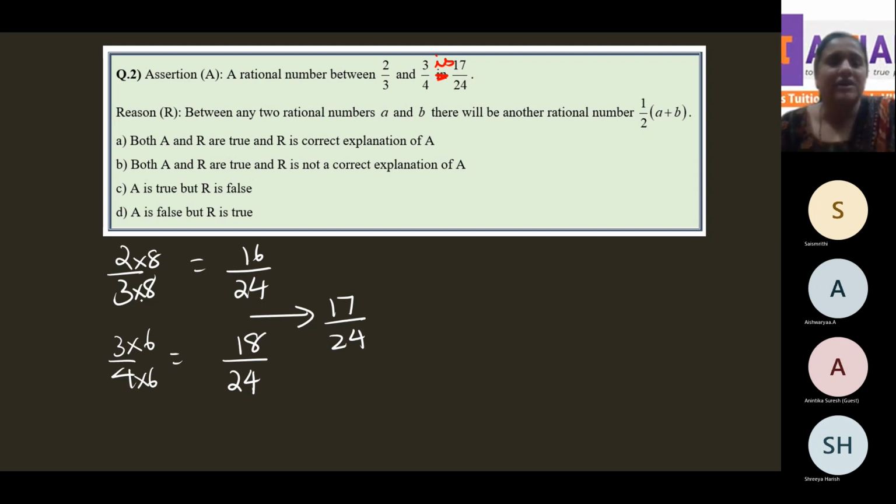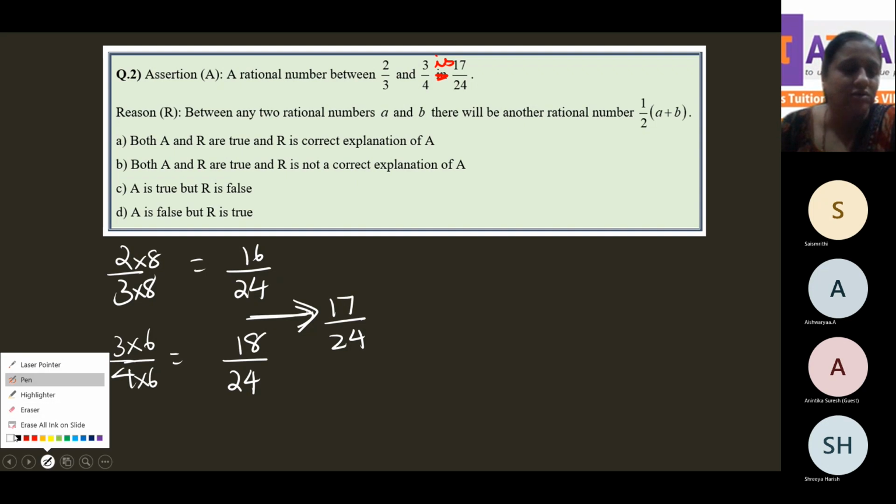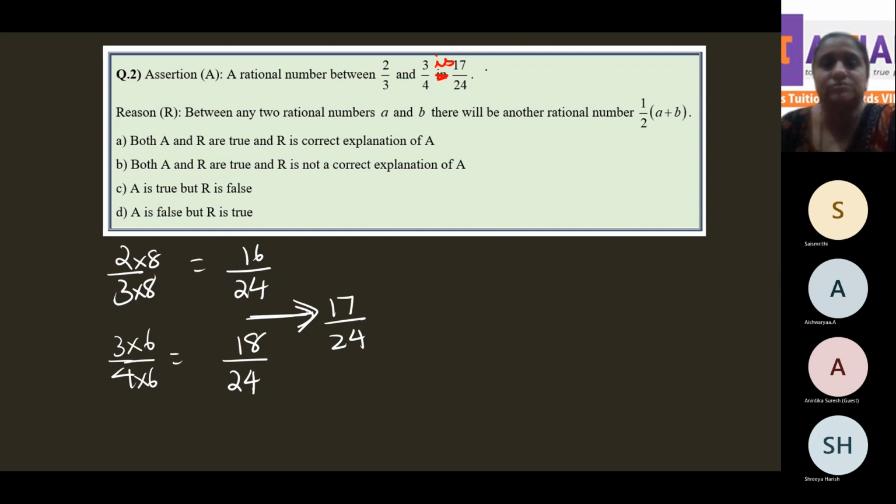Write a fraction equivalent to 2 by 3 with denominator 24, and a fraction equivalent to 3 by 4 with denominator 24. Now you can see between 16 by 24 and 18 by 24 we have 17 by 24. So the first one, the assertion statement, is true.